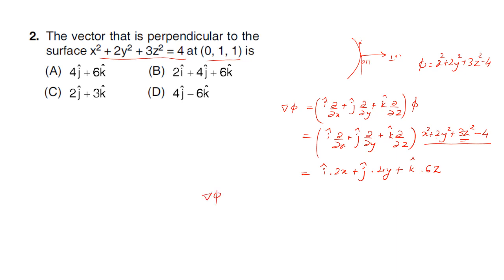Therefore, vector that is perpendicular to surface is 2xi plus 4yj plus 6zk at 0, 1, 1. So x value 0, y is 1, z is again 1, 4j plus 6k is the answer.